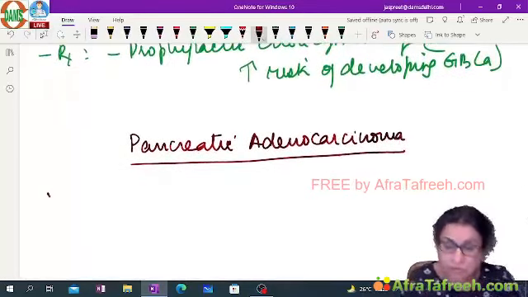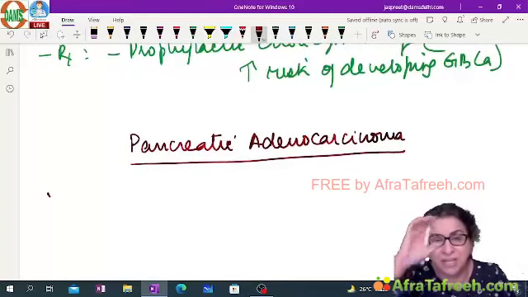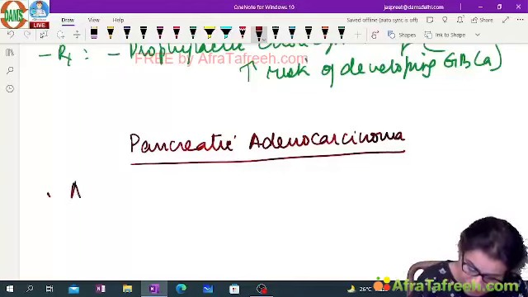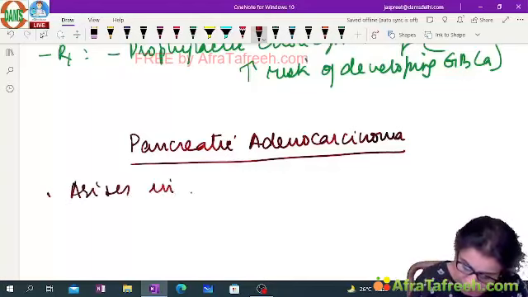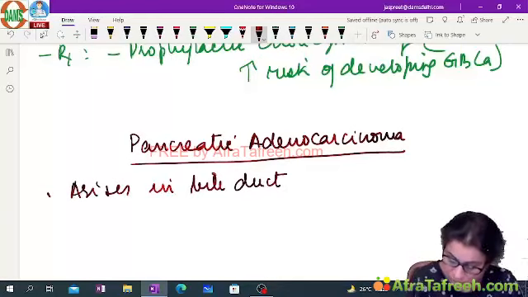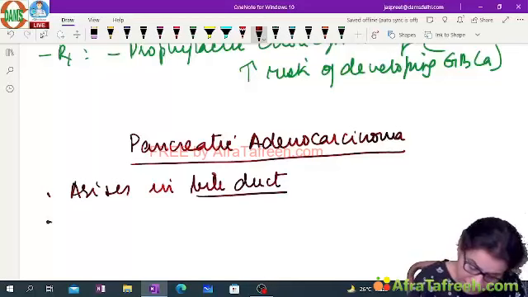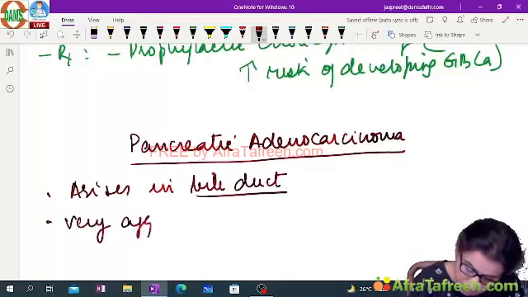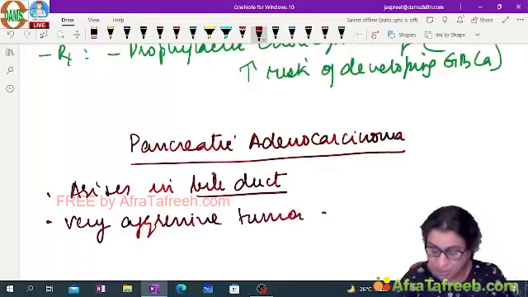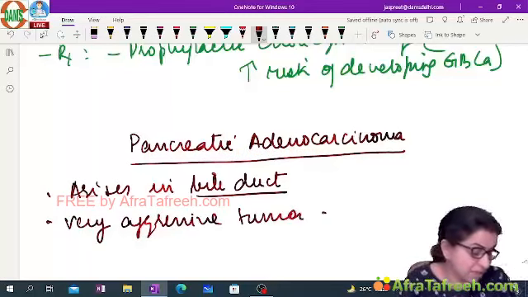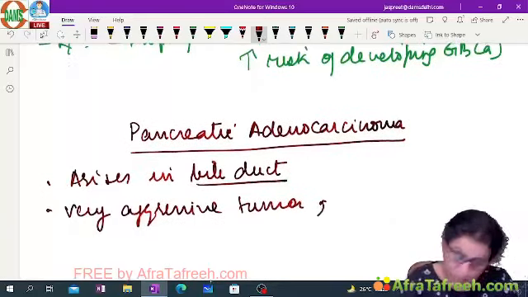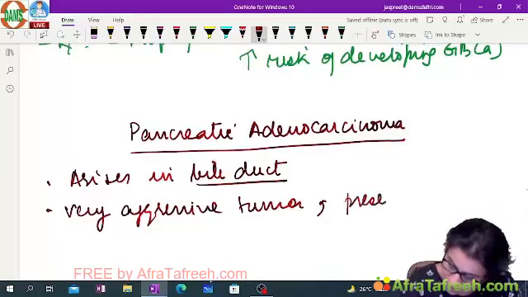Now, from where does it arise? Pancreatic adenocarcinoma arises in the ducts. It is a malignant tumor of the pancreas, and it is a very aggressive tumor. The patient usually presents with metastasis at the time of presentation.